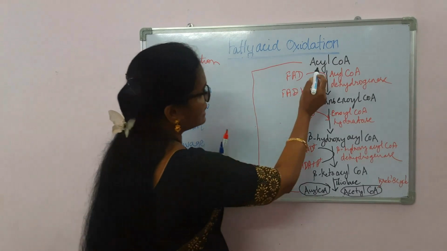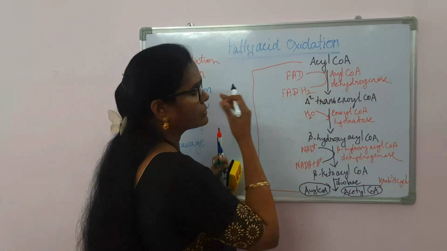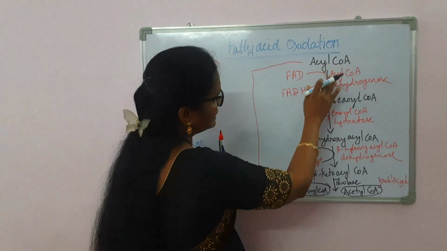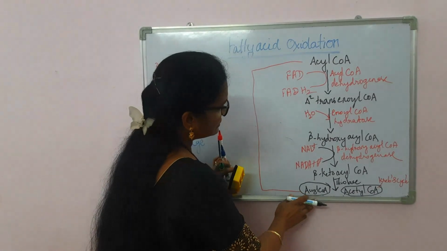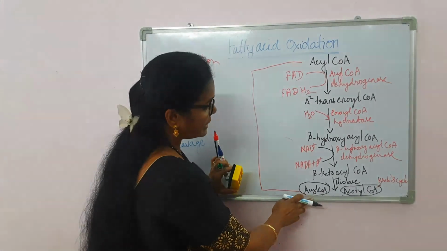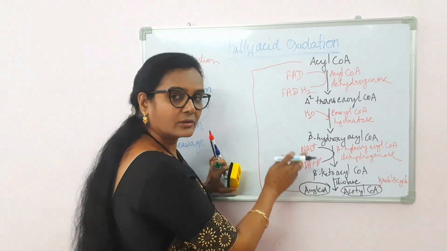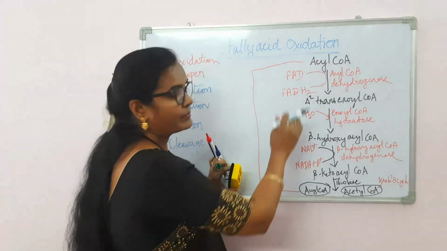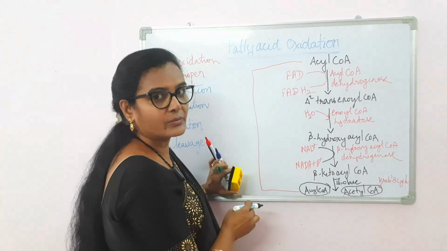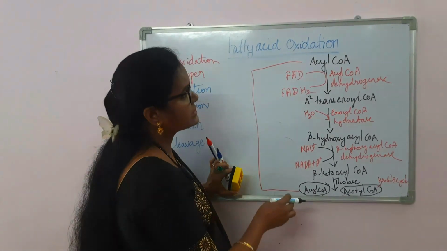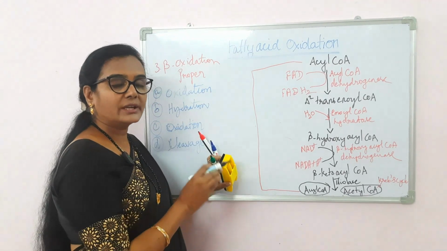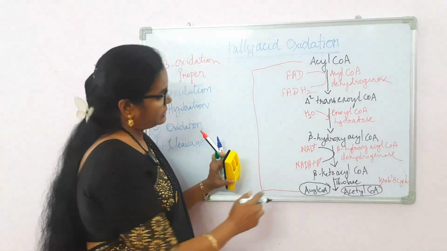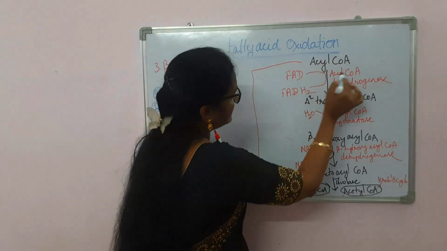Here you should remember that the acyl CoA which we start with depends on the length of the fatty acid chain. So this acyl CoA is the original one. And finally we are going to get one more acyl CoA which has 2 carbons less than the original acyl CoA, and acetyl CoA is the 2 carbon unit. So in the sequential reactions of beta oxidation proper, for each cycle one acetyl CoA is removed.